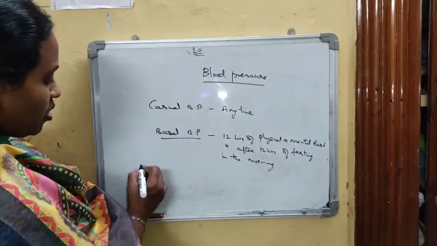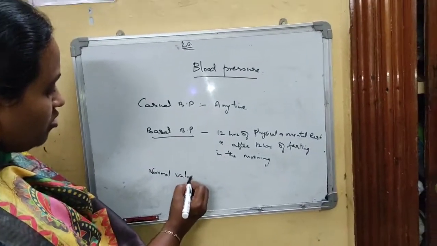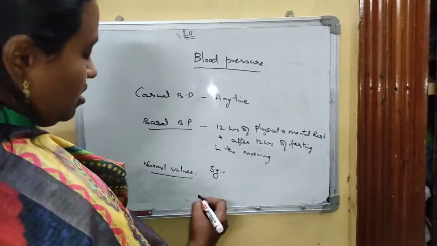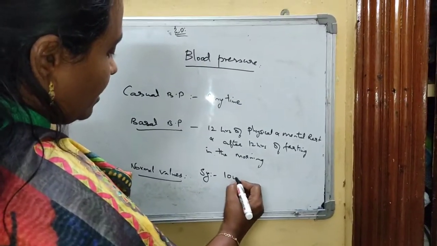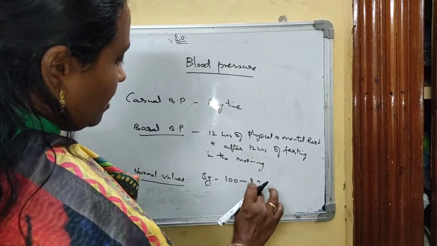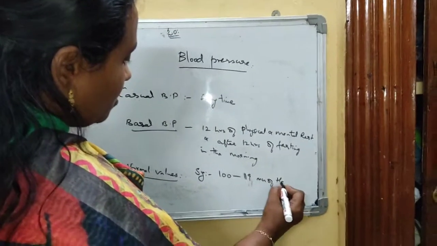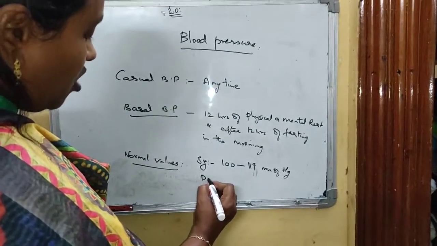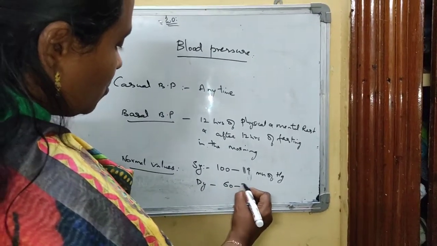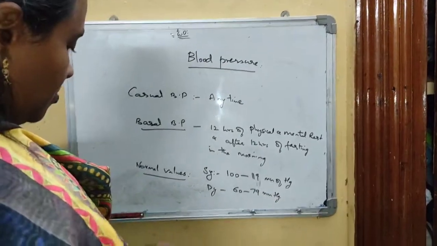Next, coming on to the normal values of blood pressure. Systolic blood pressure, we can give it a range from 100 to 119 mm of Hg. Diastolic blood pressure, 60 to 79 mm of Hg.